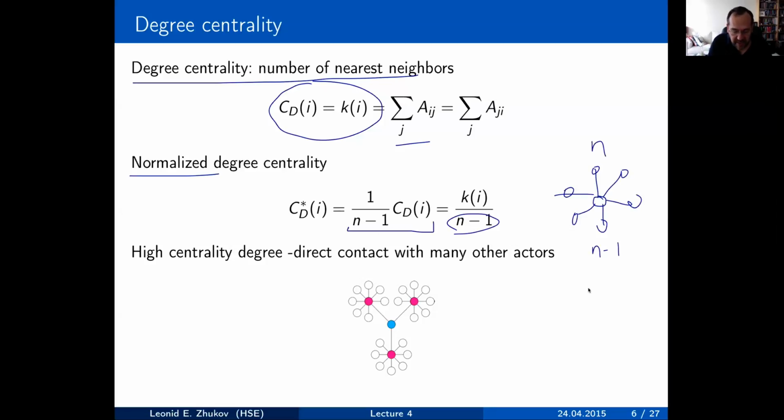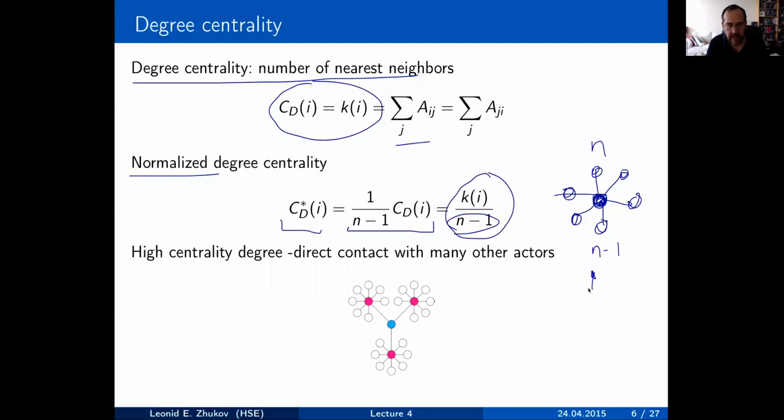In the configuration of the star, the highest possible centrality for the center of the star will be equal to n minus 1. And the star is the most centralized type of graph, where the node reaches the highest possible centrality. So if we divide by n minus 1 in the formula, we guarantee that our normalized centrality will always be between 0 and 1.